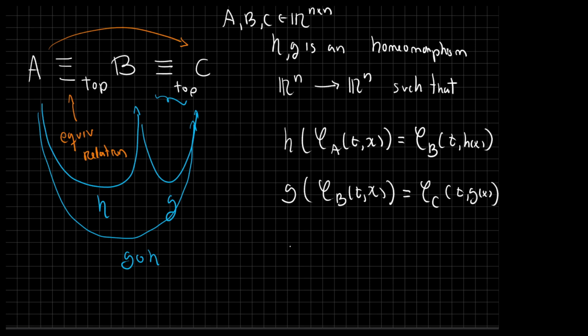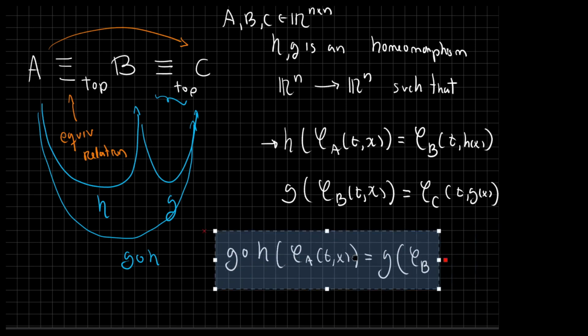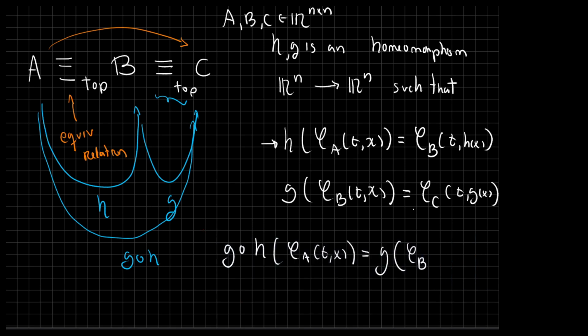So what happens when we compose in this equation with G? So it will be G composed with H on the first flux will be equal to G on the flux of B. Let me put it here. Like this, right?